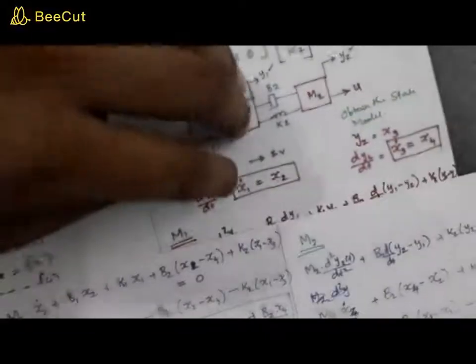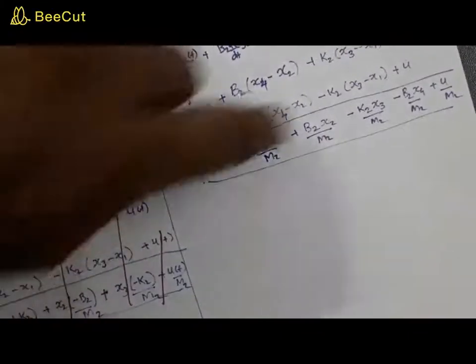Look at this. So how many equations? One is x1 dot is equal to x2, second one is x2 dot is this much, x3 dot is equal to x4, and the fourth one is x4 dot is equal to this thing.